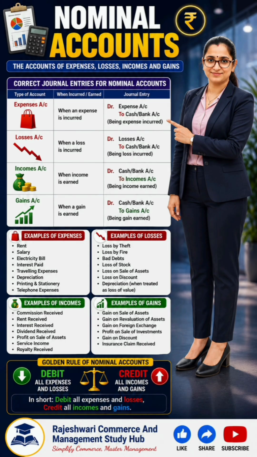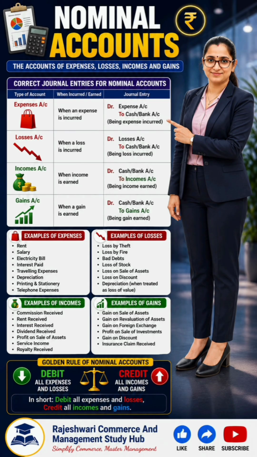Now how to pass a journal entry? Let us understand. First we will understand for the expenses. Any expense you should debit. Now we will take an example of rent paid. Rent paid is an expense. Rent account you are debiting. Now how are you paying rent?